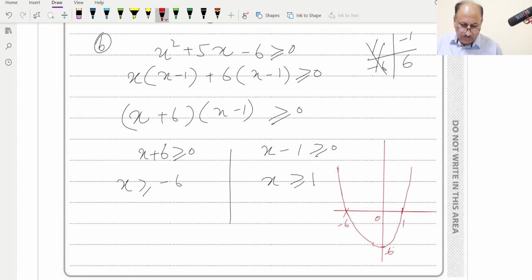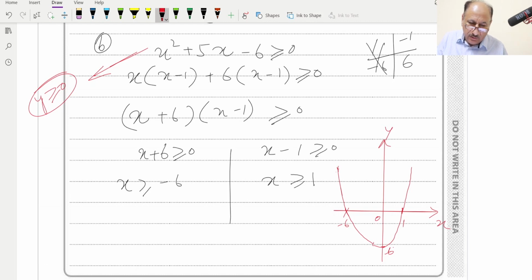And we know the y value, if we see this equation, the y value is greater than or equal to 0. This is what our given inequality is. So this is the y value, this is the x-axis. So greater than 0 will be which portion? Y greater than 0 will be this portion of the curve.